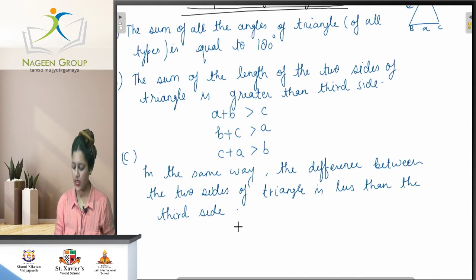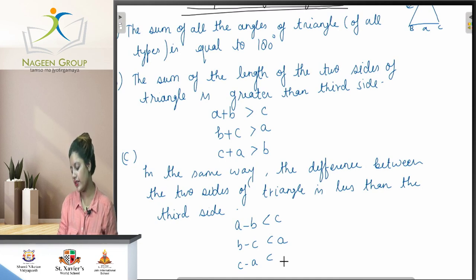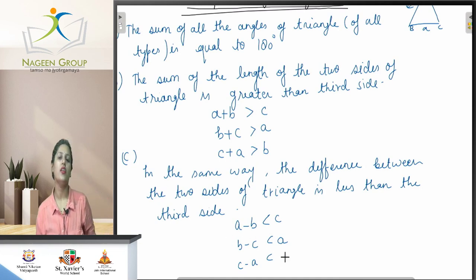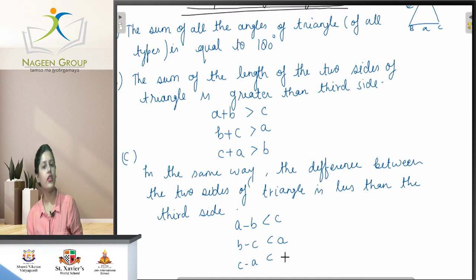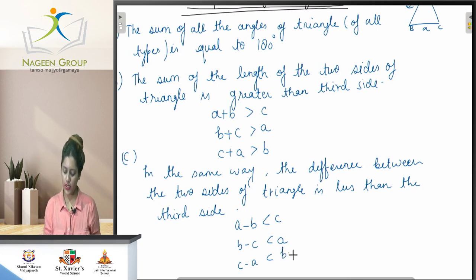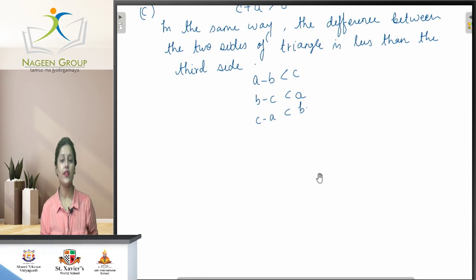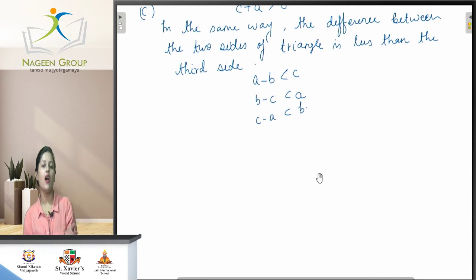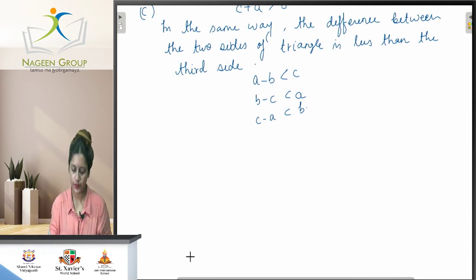That means A minus B is less than C, B minus C is less than A and C minus A is less than B. Here the mentioned difference is not a negative, it is only a difference between two sides, not a subtraction. So you have to understand the main difference between a difference and a subtraction.